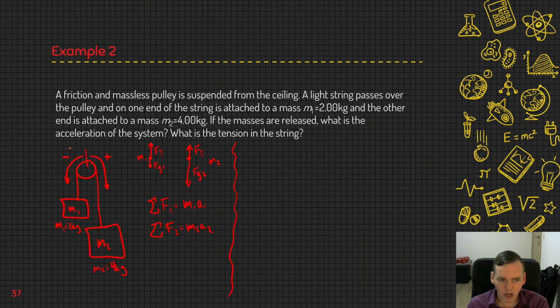So if it goes up and over like that, that would be positive motion. If it goes up and over to the other direction, that would be negative motion. And I'm going to pretend like it's all happening in a straight line. This works because we're assuming that the string is light and that the pulley is massless and frictionless, so we can pretend that it's all in a straight line.